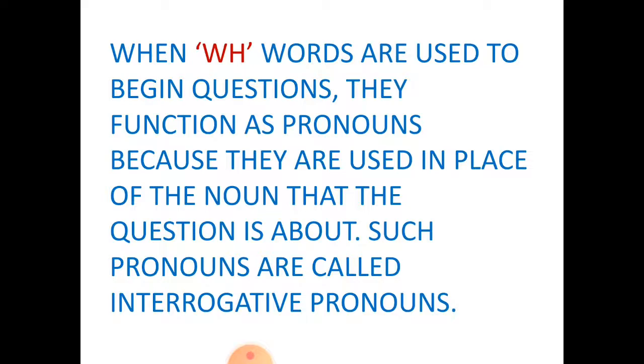When WH words are used to begin questions, they function as pronouns. So we have to use that WH form in the beginning of the sentence. So only we can say that they are used as pronouns because they are used in place of the noun that the question is about. Such pronouns are called interrogative pronouns.